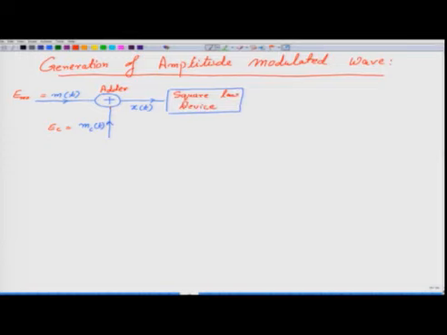It takes x(t) as input and produces y(t) as output such that y(t) is equal to some constant times x(t) plus another constant times x(t) squared. The square law device is typically a non-linear device.